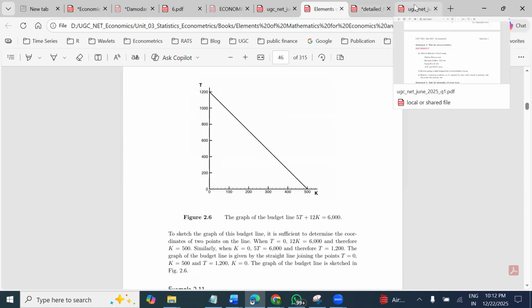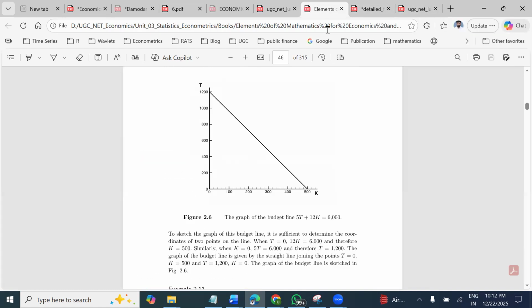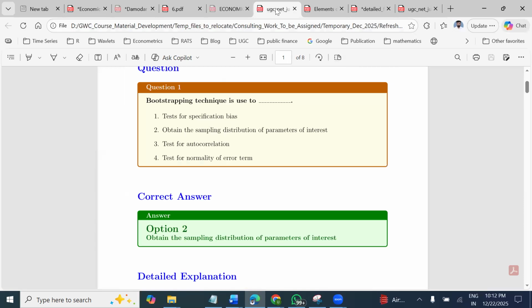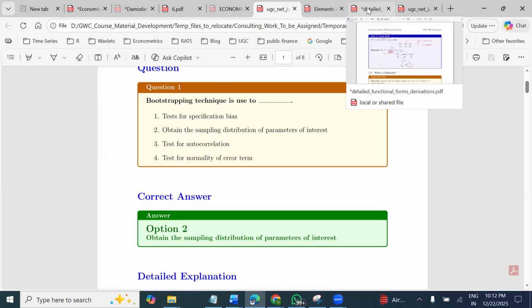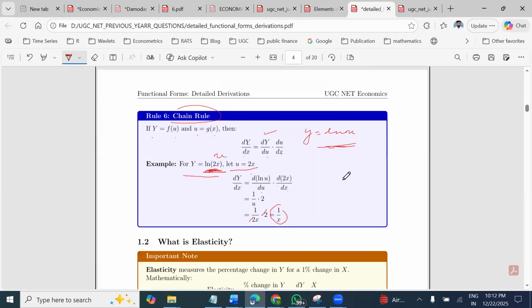Yes, that is what I told, nested. So for the simple calculation, if we take y is equal to function of u and we substitute u is equal to g of x, then we are able to calculate in a better way.